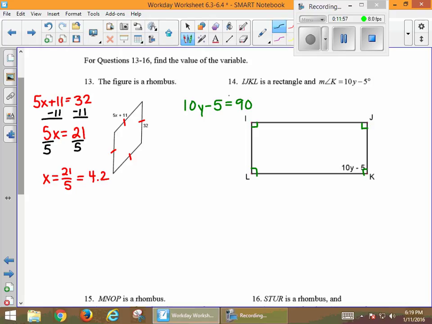I will add 5 to both sides. So 10y equals 95. We'll then divide both sides by 10.